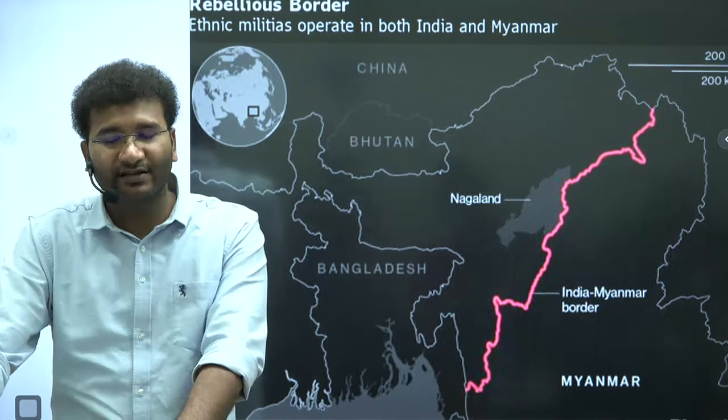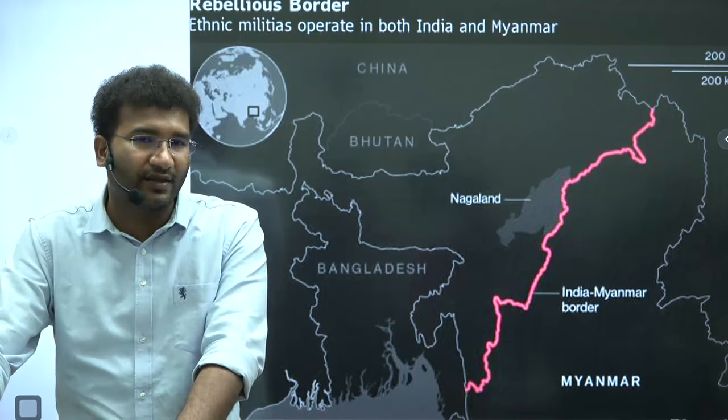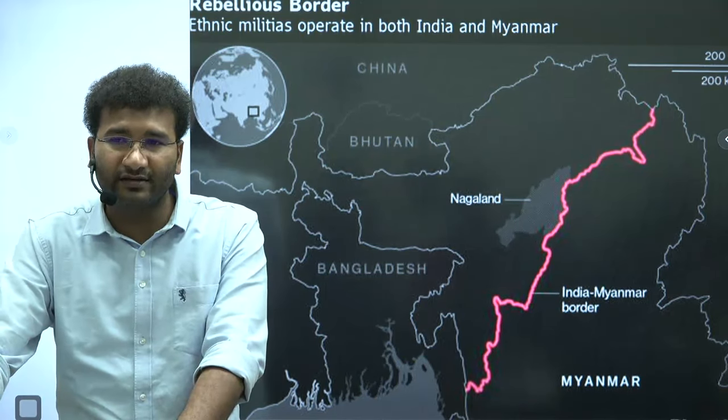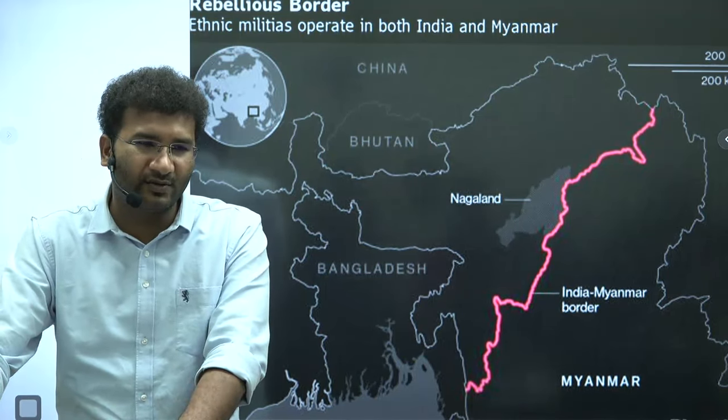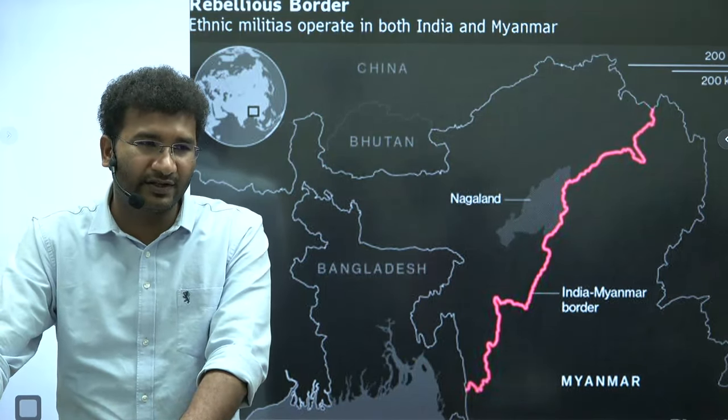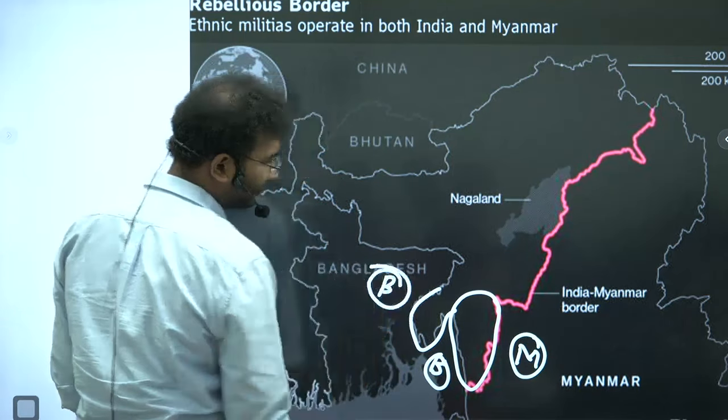So this is something I want you to note down. Mizoram has a border with Bangladesh and Mizoram also has a border with Myanmar. On one side Myanmar, on the other side Bangladesh. Tripura has its entire boundary with Bangladesh.